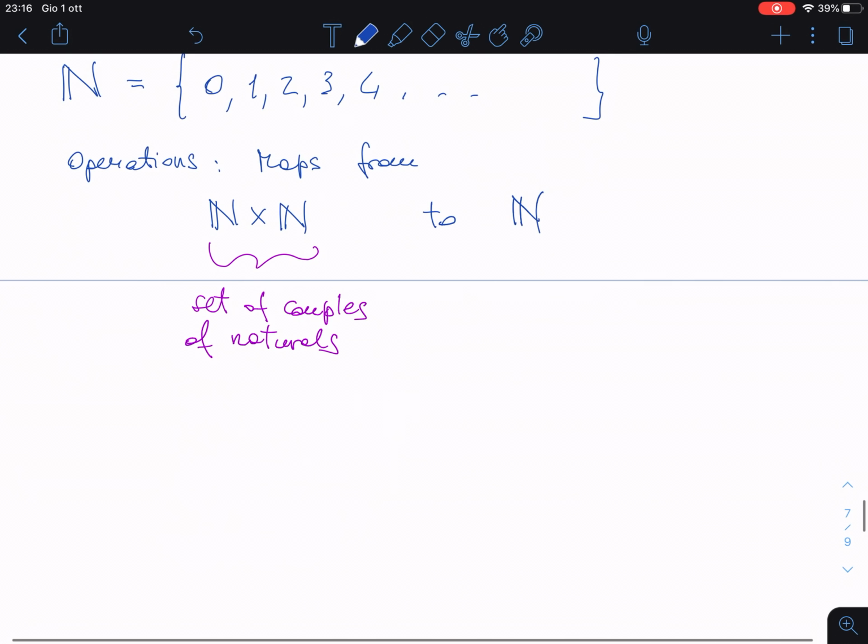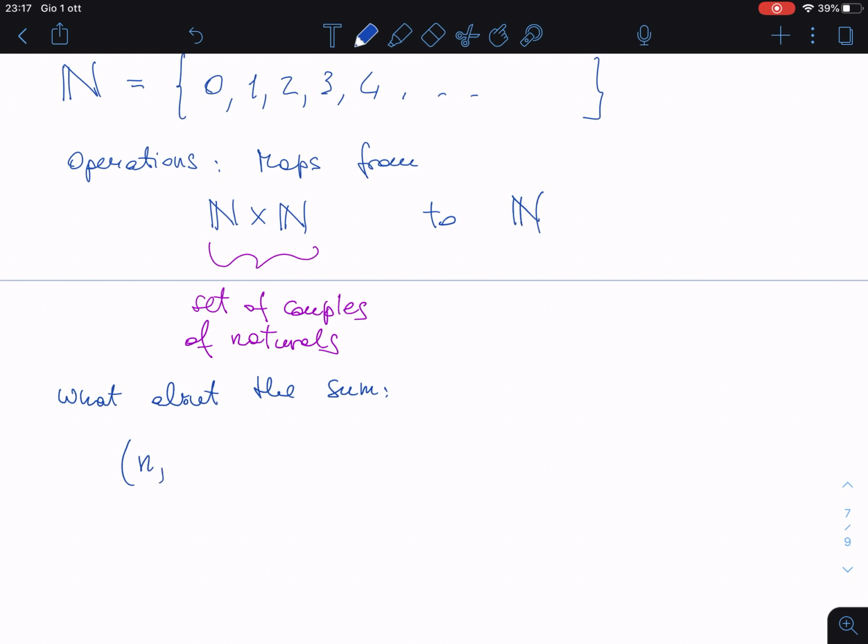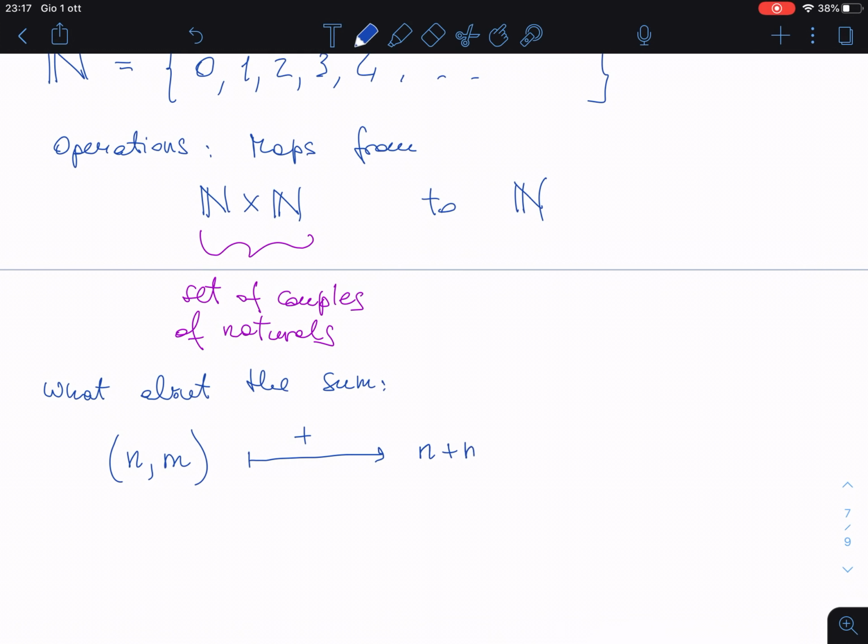So let me see this on a very specific and very easy example, which is the sum. The sum can be described according to this schema in this way. There is a couple of two natural numbers, n and m. This is mapped by the function or the application sum to n plus m.